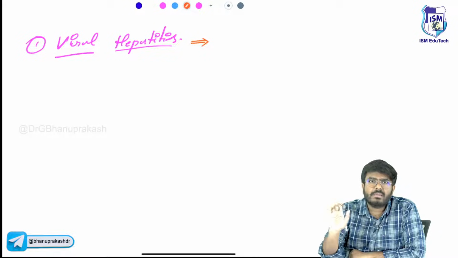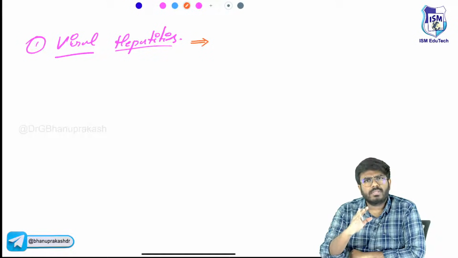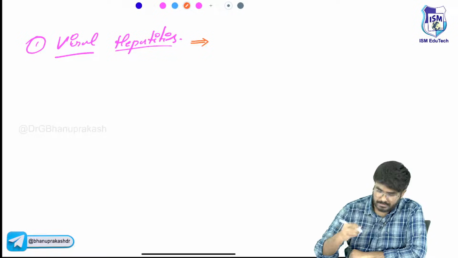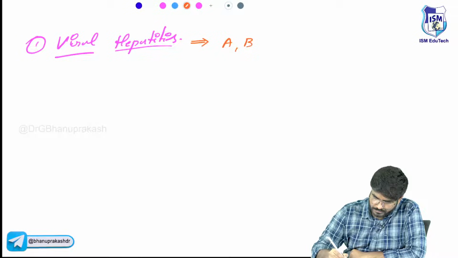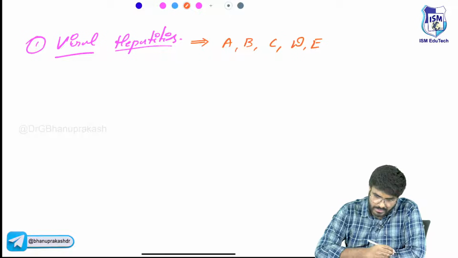There are many causes of hepatitis. One might be alcohol induced, alcoholic hepatitis, or there can be autoimmune hepatitis, or viral hepatitis. One cause is viral hepatitis, and the viruses are A, B, C, D, E. So there are these 5 viruses which cause viral hepatitis.